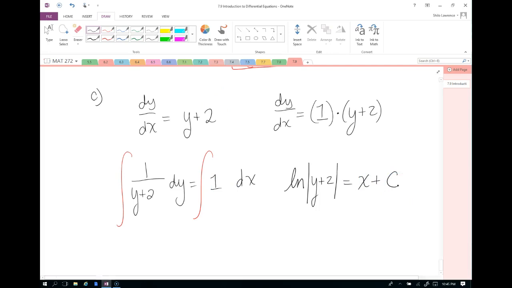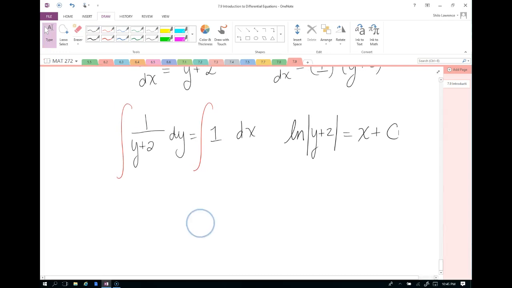We are going to solve this for y. So just do your opposite operations until y is all by itself. The outermost operation is the log. So you got to think about what is the opposite of a log. What operation will cancel out a log? And that's an e function.